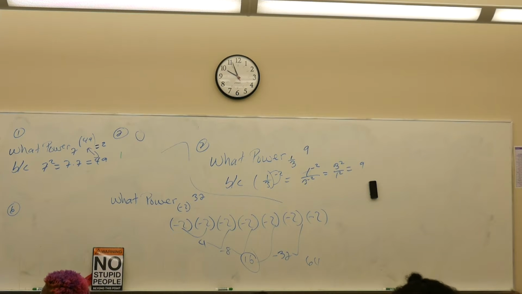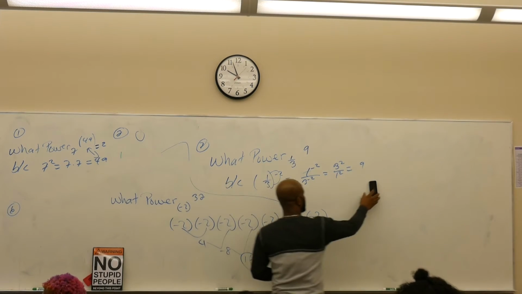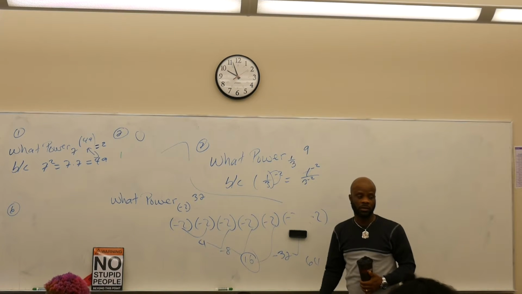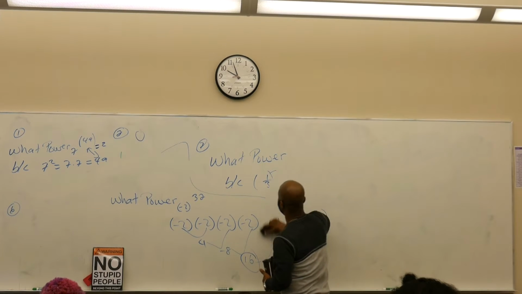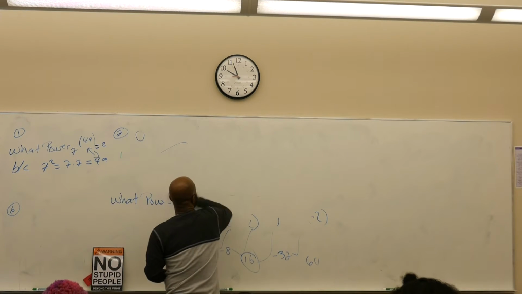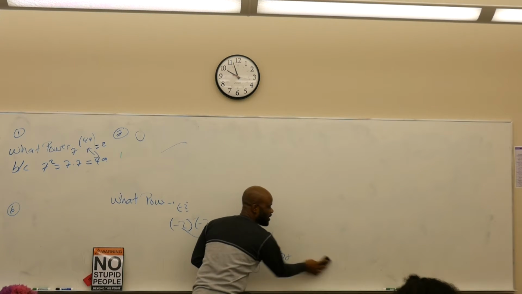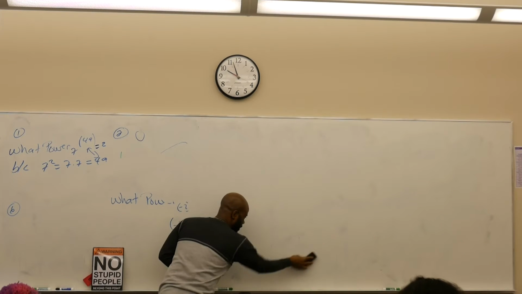You ready? The first two problems on page 52, compare them with the first two problems on page 50. Can somebody tell me what's the difference? It says log instead of what? Instead of what power. Now, what are the similarities? What makes them look alike? The same problem with the same answer, right?